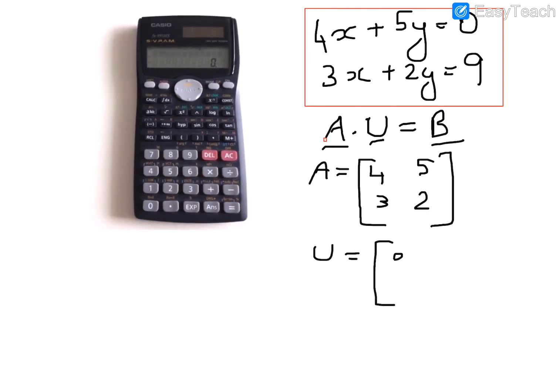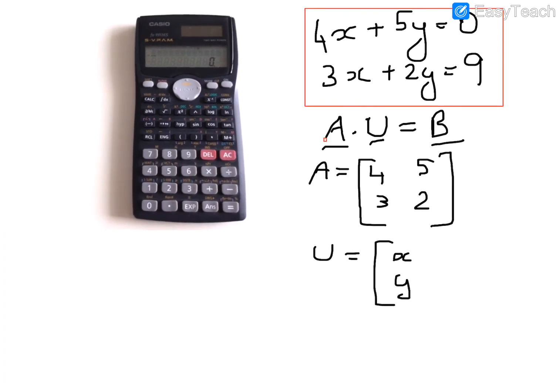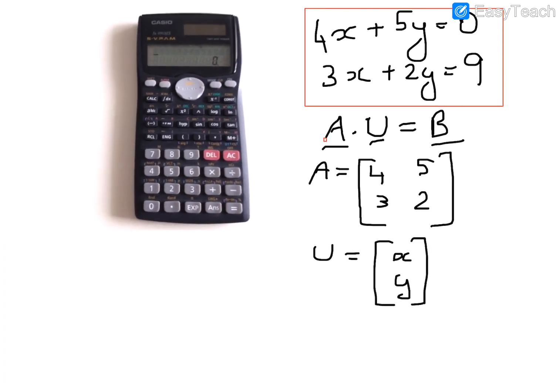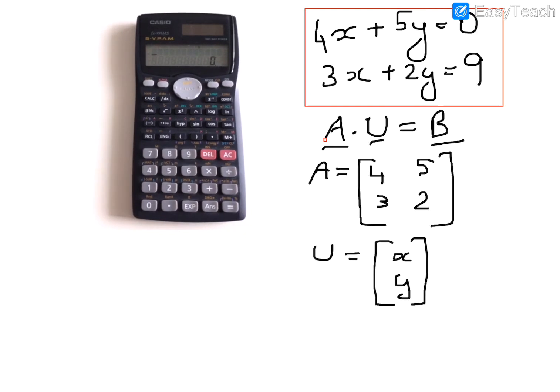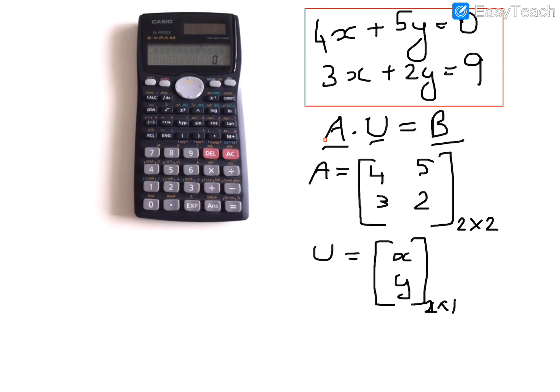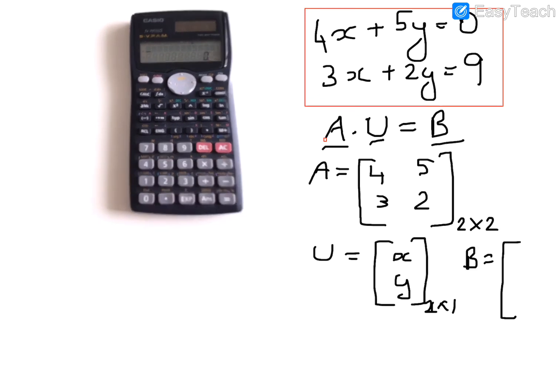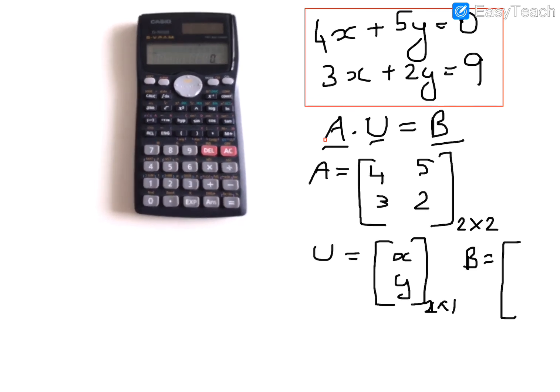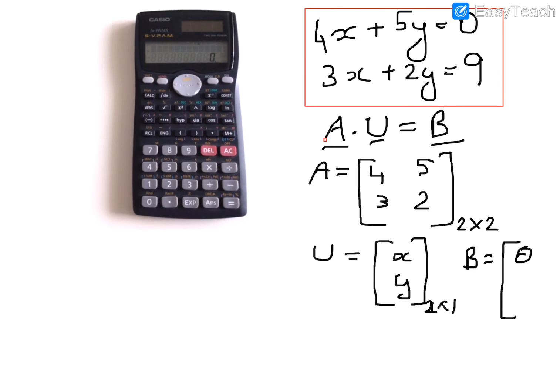So we have two unknowns, X and Y. So just remember, it will be a matrix of the order two rows into one column. And matrix B is also a 2 by 1 matrix, which is the right hand side of your equation. So that is 0 and 9.